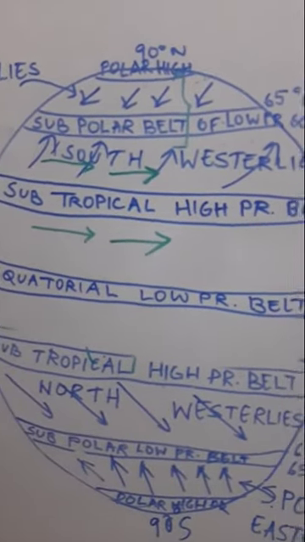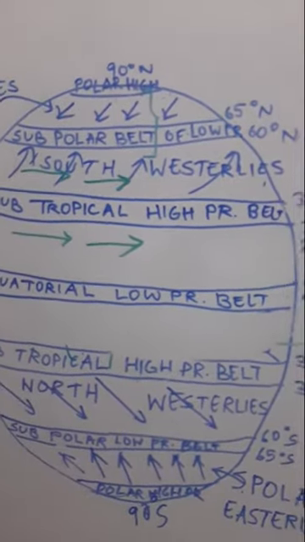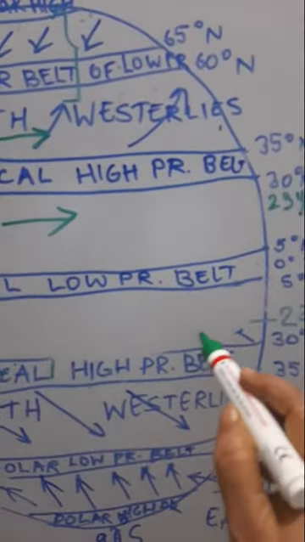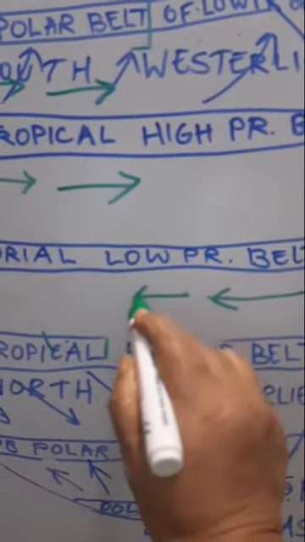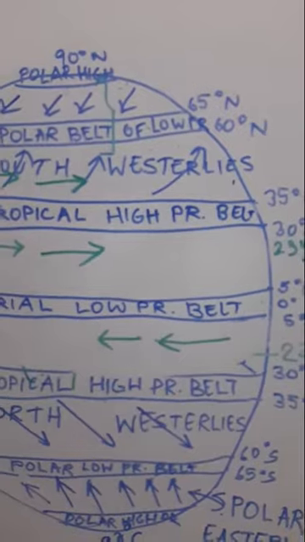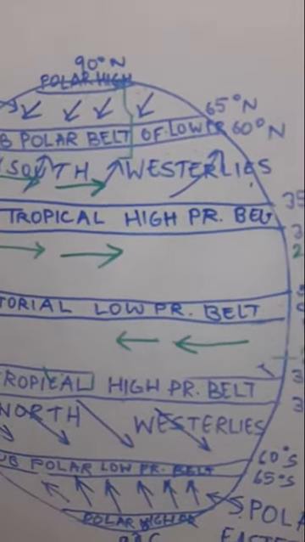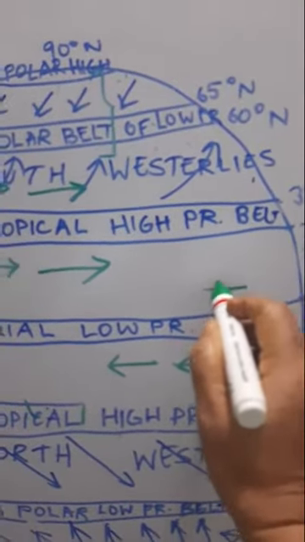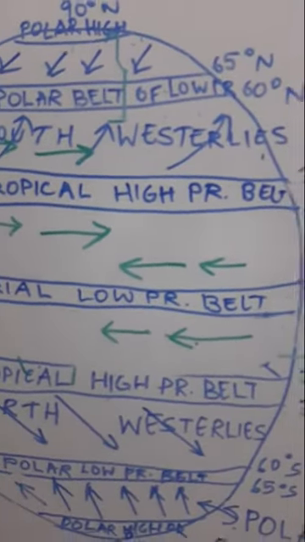Similarly, the other jet stream is known as the tropical easterly jet stream. The easterly jet stream generally has its original position over here. But as all the pressure belts and wind belts shift to the north of their position during the summer months, it moves to the north and influences us.